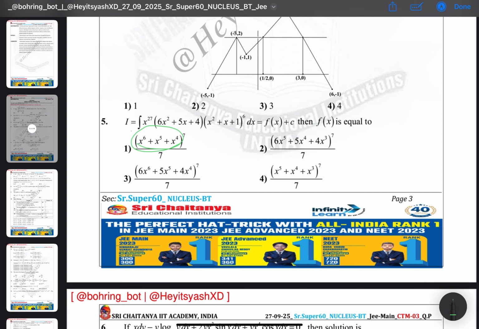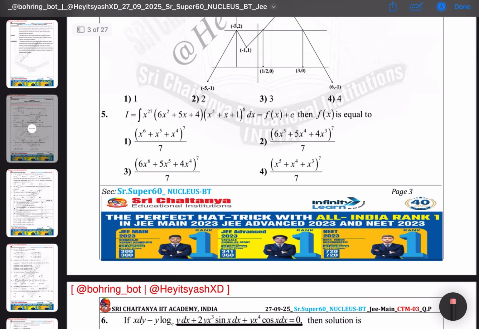You get this when you multiply this whole term with x to the power 4. And you will get this particular term, 6x to the power 5, 5x to the power 4, 4x cube, when you multiply this whole term with x cube. That should give you a hint as to how to solve this question.